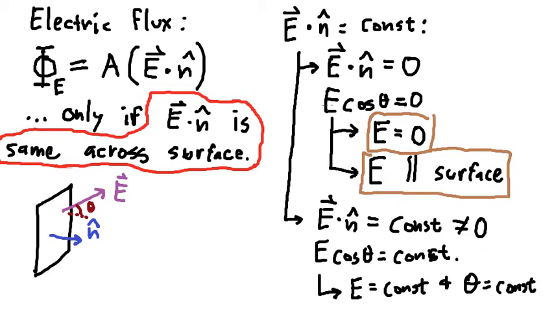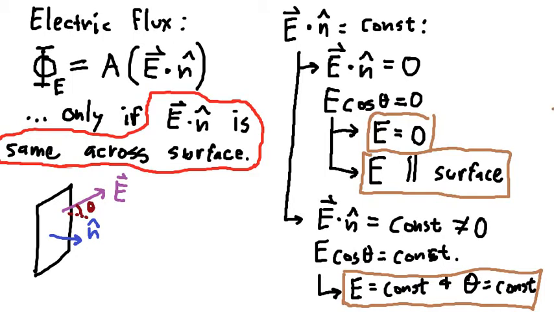And so pretty much the only way this can be true, I mean, you could have a surface where cosine theta is changing and E is changing, but they're both changing in such a way that they always multiply out to the same thing. That's a very weird, tricky thing to look at, okay? And we're not going to do it. I don't even know how that would work. That's freaky.